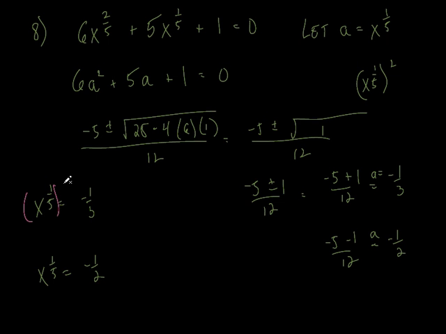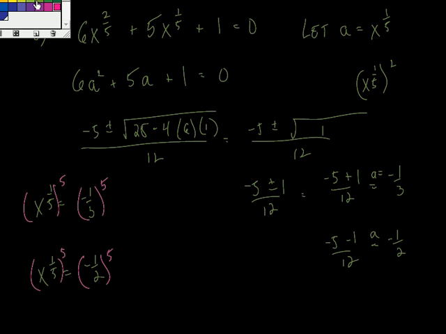Taking it to the 5th power, though, will get rid of that exponent, won't it? Because what do we do with an exponent taken to another power? We multiply them together. 1/5 times 5 is 1, isn't it? Now, I can't just do that to this side. I got to do that to this side as well. Same thing here. Take this to the 5th, take this to the 5th.